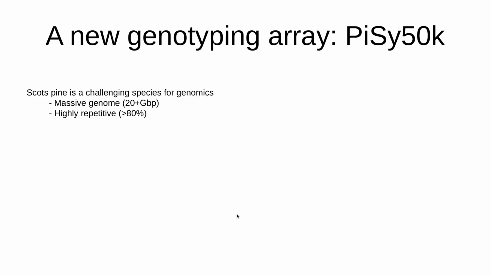So let's talk briefly about the tool we use to obtain genetic data. Scots pine, as other conifers, has a massive and highly repetitive genome. And to overcome these still challenging difficulties, in 2022 we recently designed a SNP genotyping array for Scots pine, the BC50K.